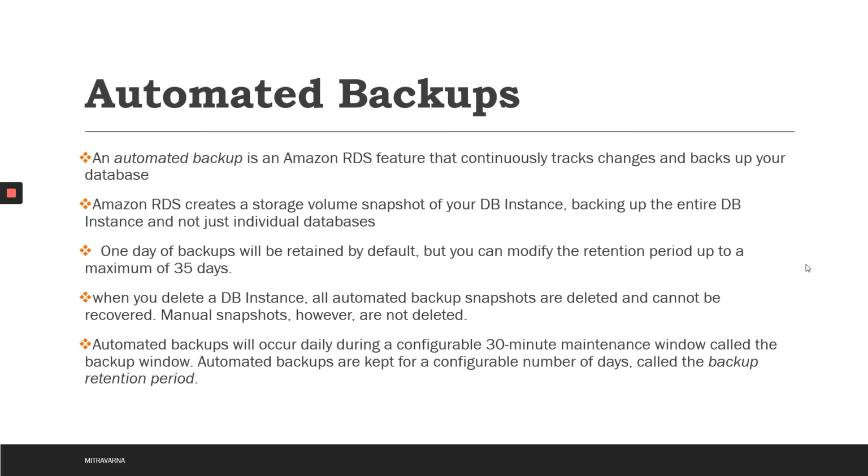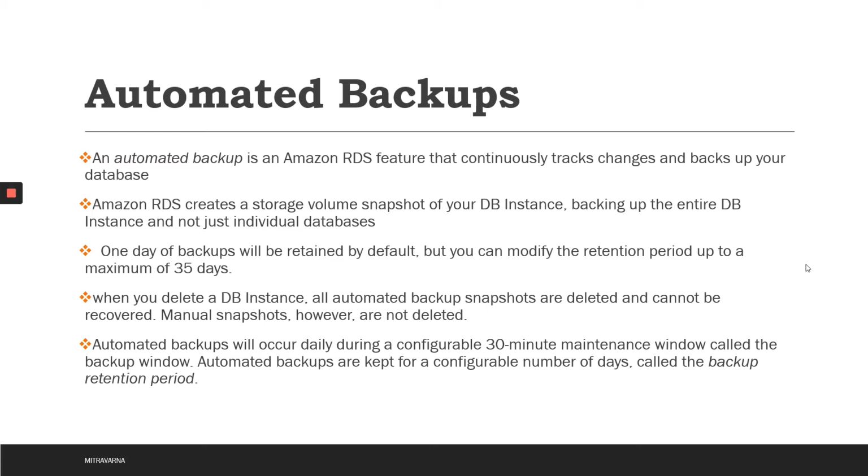When you enable this option, it will take the entire database instance as a backup, and it will continuously take backups. The retention period is by default 1 day, but it can extend up to 35 days as well. So there is an option to increase the backup retention period up to 35 days.